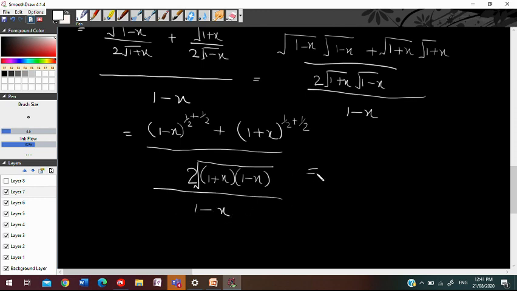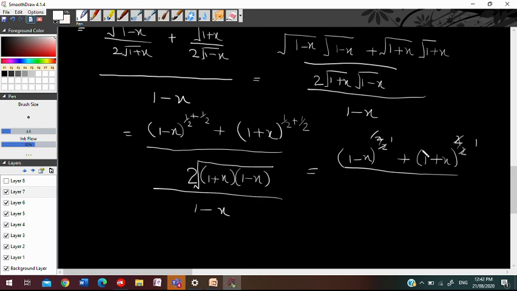Then 1 minus x power 2 by 4 means 1 by 2, and plus 1 plus x power 1 by 2. Sorry, 2 by 2 means 1 power.